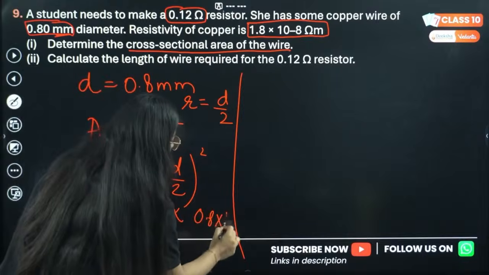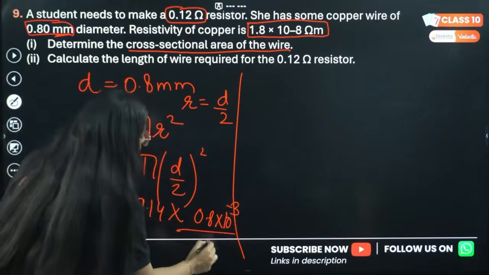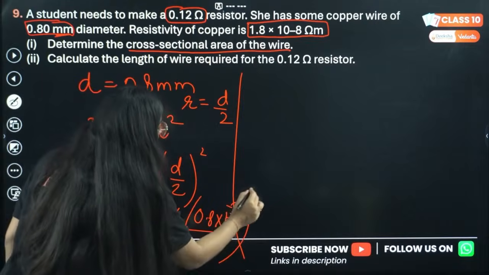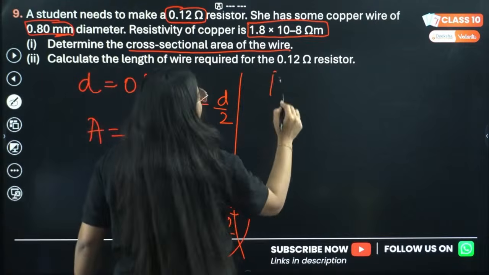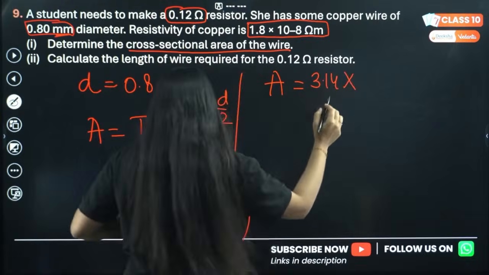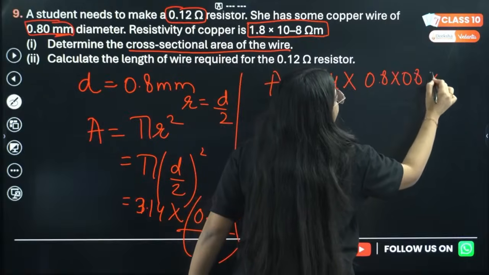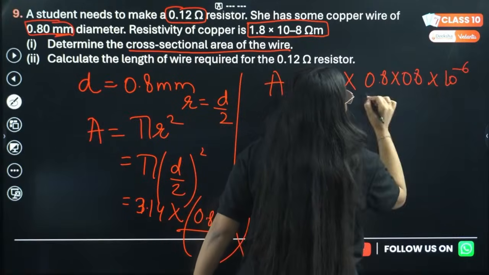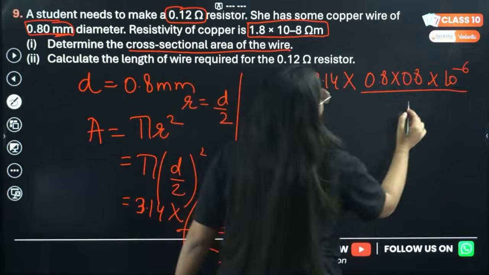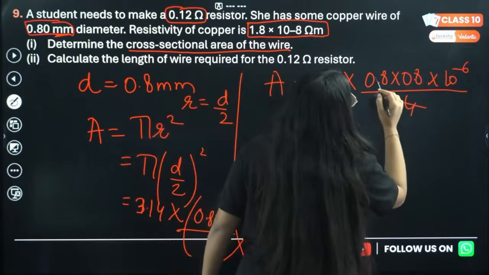So this will be 10 raised to the power minus 3 divided by 2, and it's a square. So A equals 3.14 into 0.8 into 0.8 into 10 raised to the power minus 6 divided by 4. And we can just cancel it.